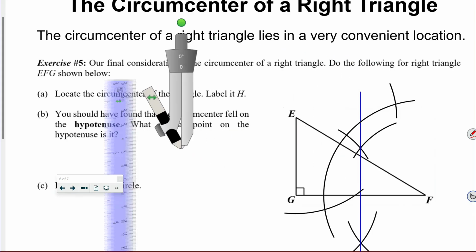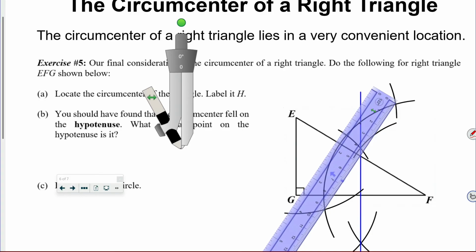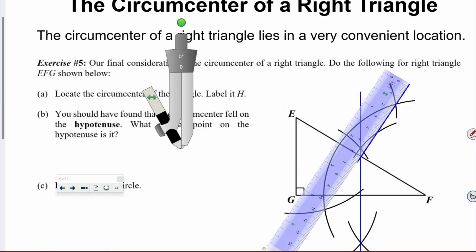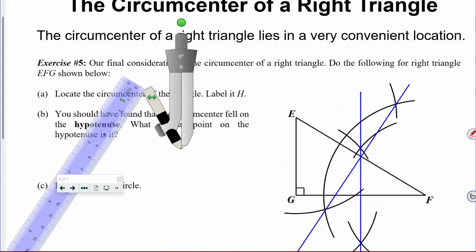And now let's draw in that perpendicular bisector. Okay. There we go. And look at that.